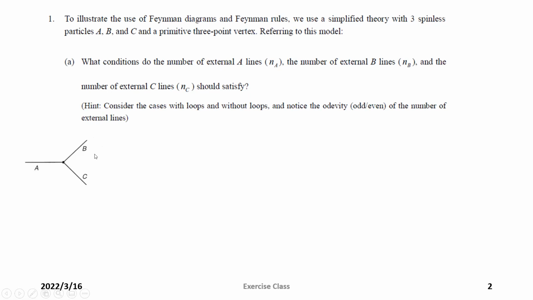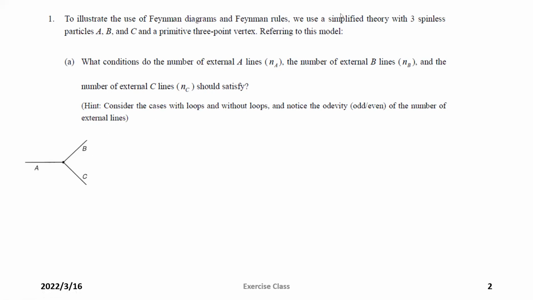But now we just use a simplified theory to demonstrate how to use the Feynman rules. So the first question asks what conditions the number of external lines should satisfy.